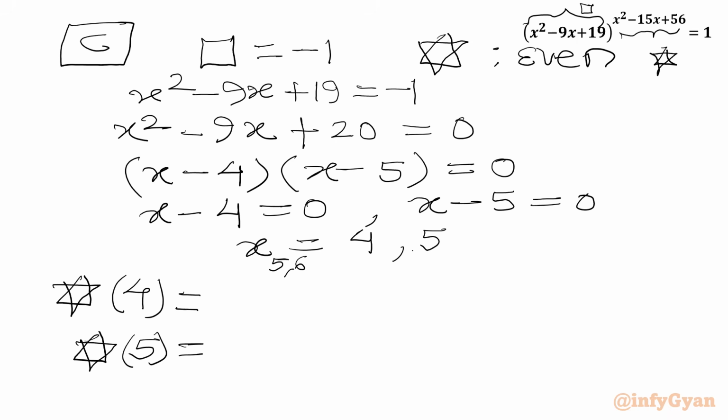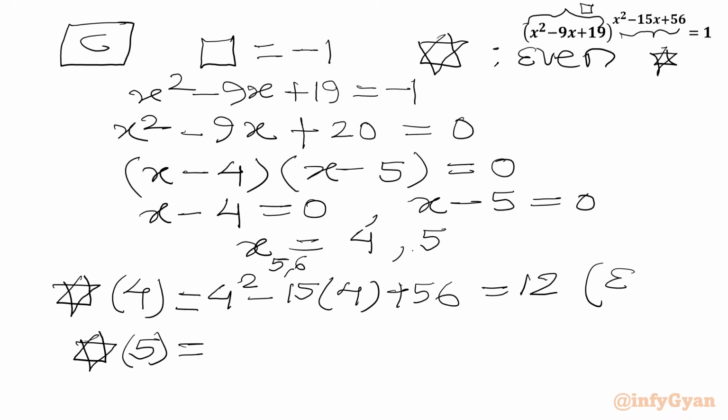So star 4, x equal to 4 in x square minus 15x plus 56. We will get 4 square minus 15 times 4 plus 56. 56 plus 16 will be equal to 72 minus 60 equal to 12, and 12 is an even number. So we have to accept x equal to 4.